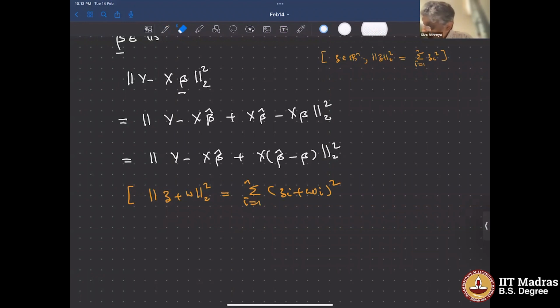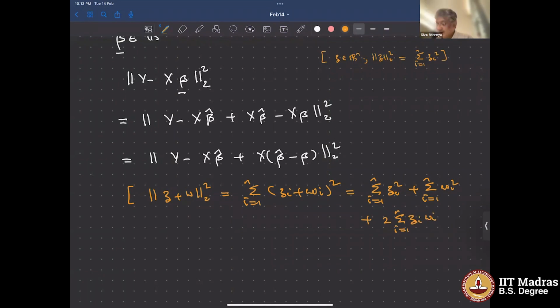That's the same as the summation of z_i squared, plus the summation of w_i squared, plus 2 times the summation of z_i w_i.